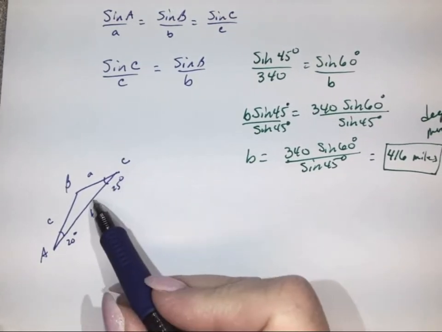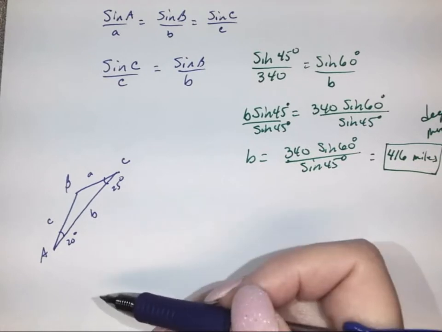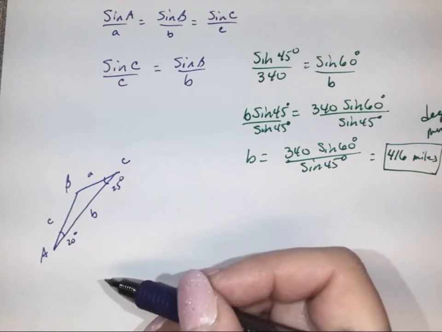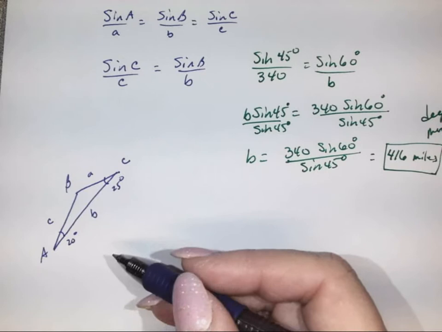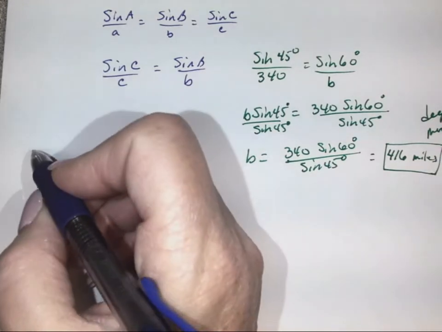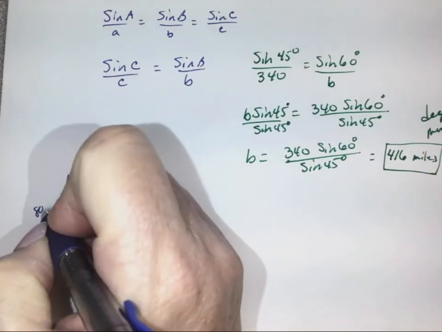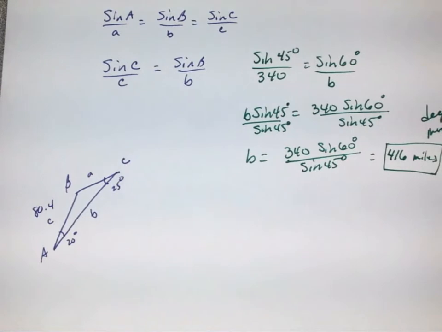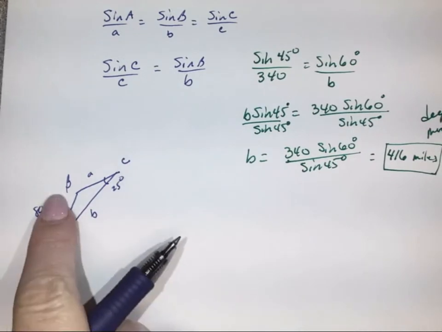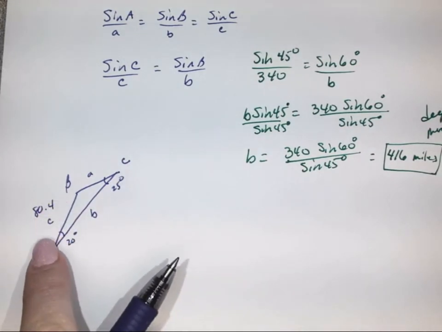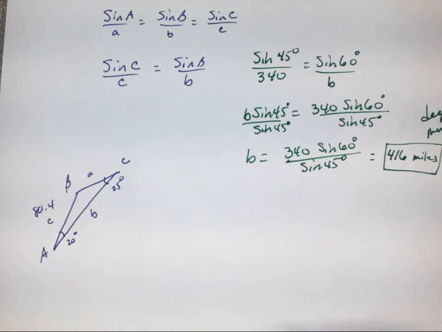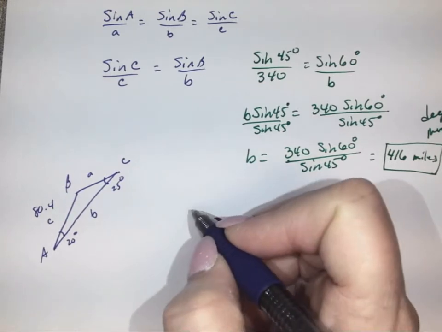And this is going to be, let's see, we are given that C is 80.4. We're doing a side and two angles that we have here. Alrighty.